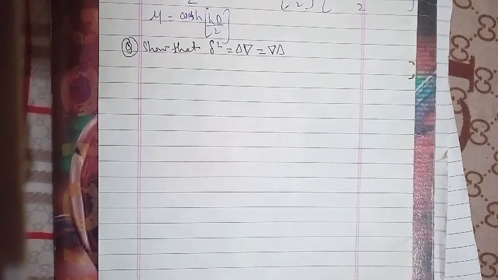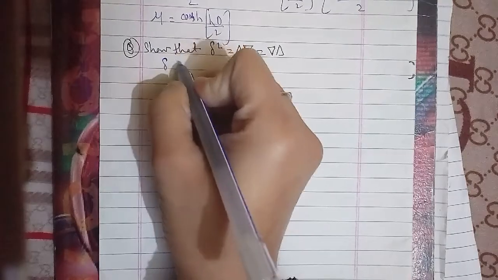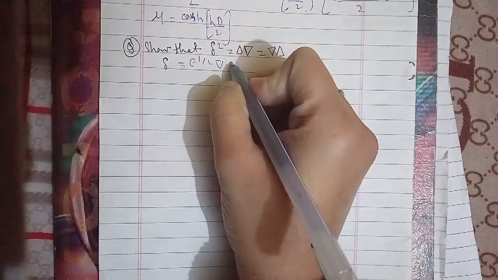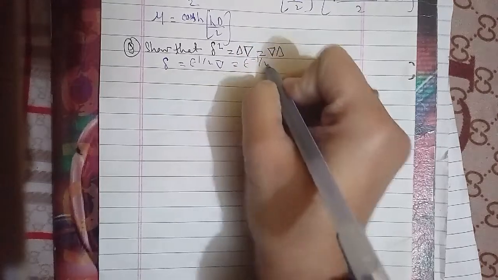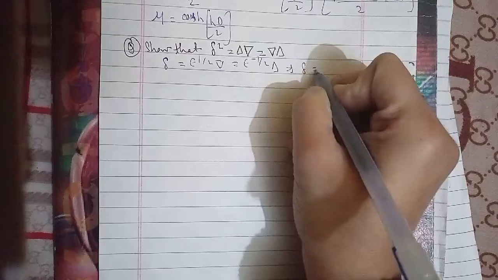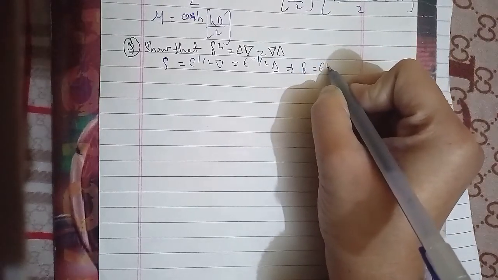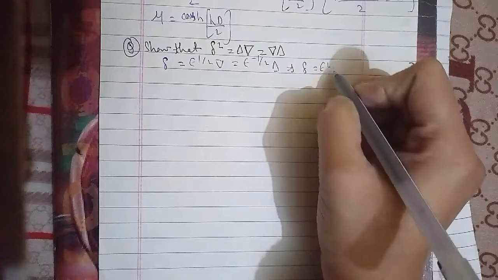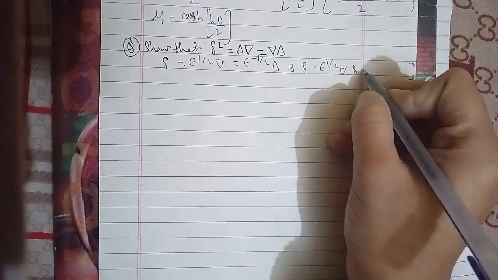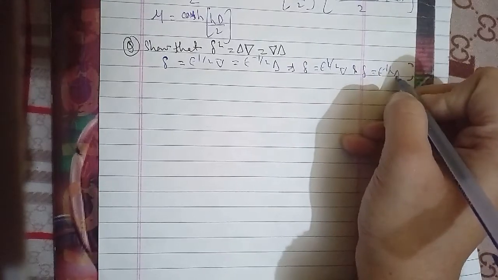In the equation it has been proved that δ equals E to the 1 by 2 ∇ equals E to the minus 1 by 2 Δ. So that δ square, which is E to the 1 by 2 ∇, and equals E to the minus 1 by 2 Δ.